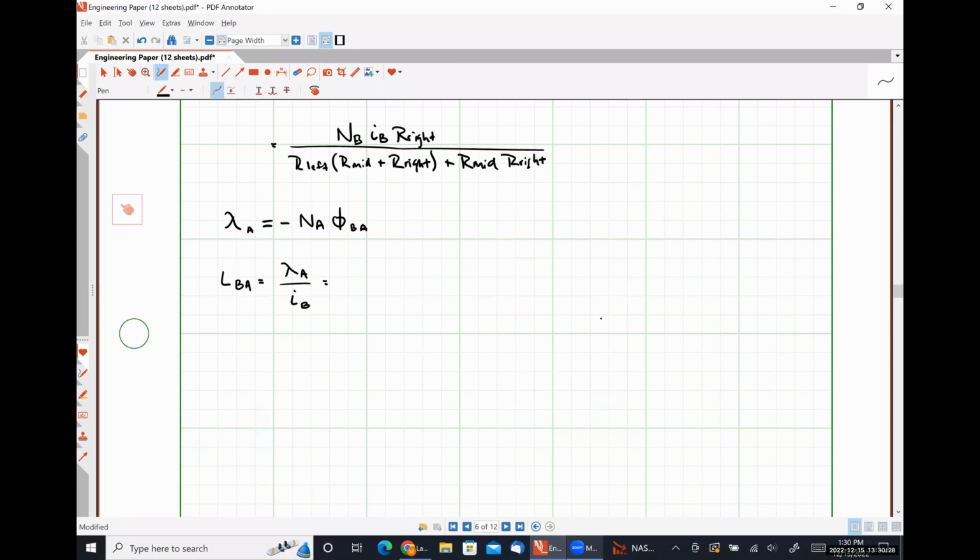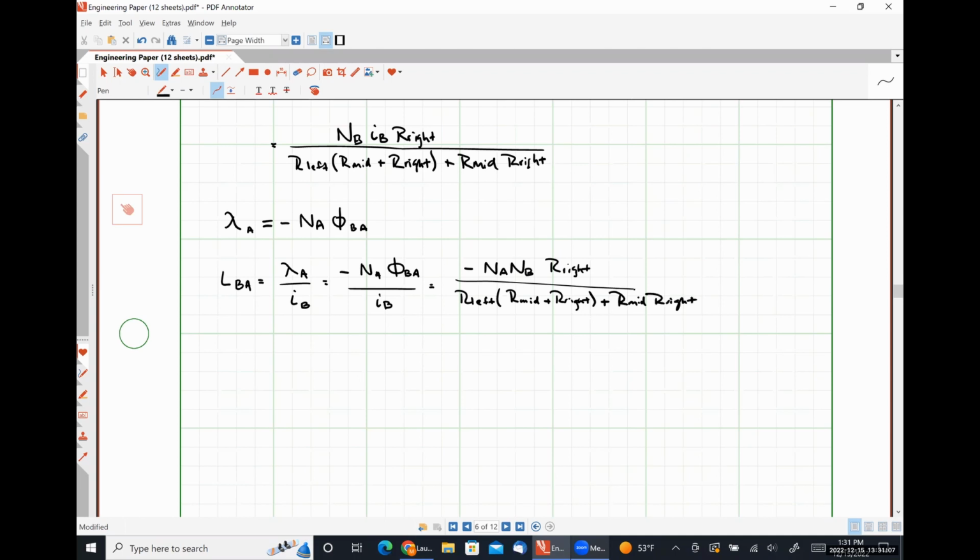So that's going to be negative NA times phi BA over IB, or negative NA NB times R right divided by R left times R mid plus R right, plus R mid multiplied by R right.